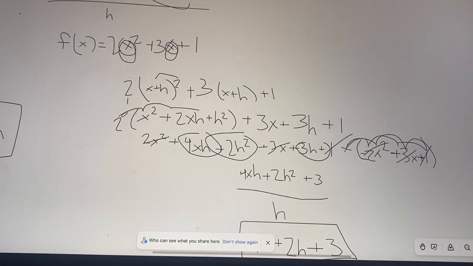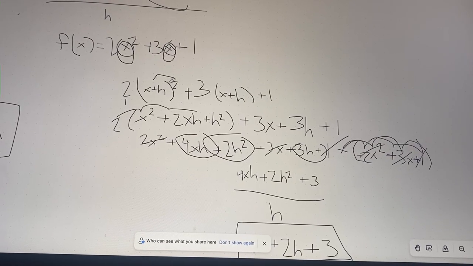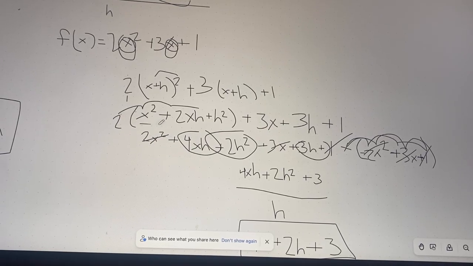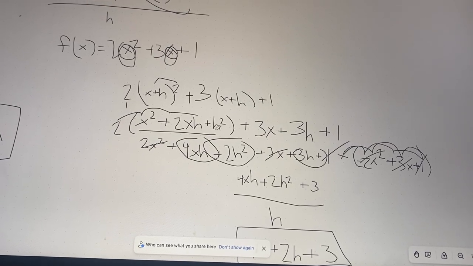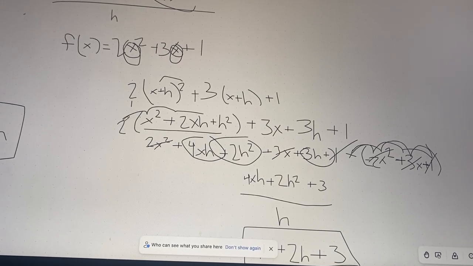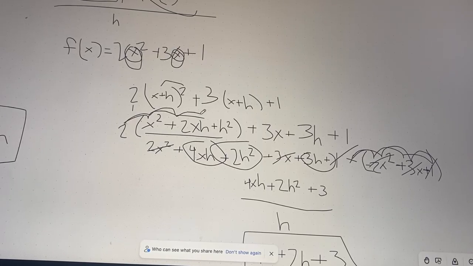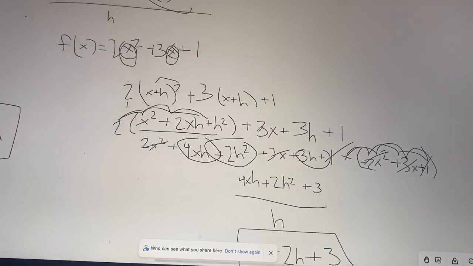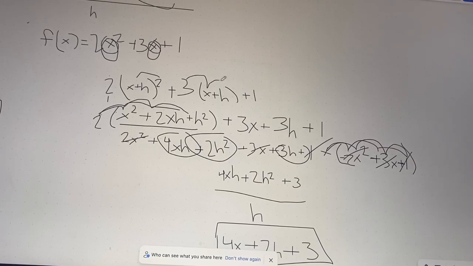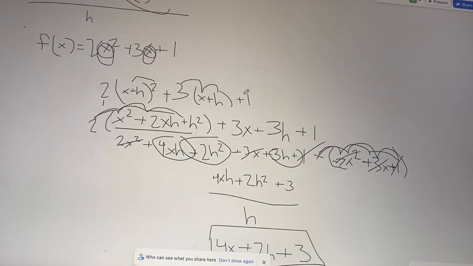And now, after doing this, we're going to do that FOIL method again for x plus h times x plus h. And that's going to give us x squared plus 2xh plus h squared. And then you're going to multiply the 2 to every single term, and we also multiplied this 3 to these terms, and we got 3x plus 3h, and then plus this 1.